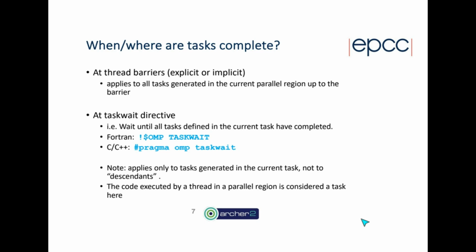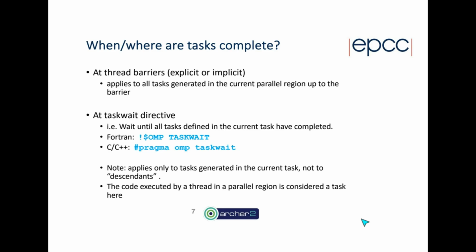We can also have a bit more fine-grained control. So this is the taskwait directive. And what this does is that it waits until all the tasks defined inside the current task have completed. Okay. So a couple of things to note about this. This is like a barrier directive.